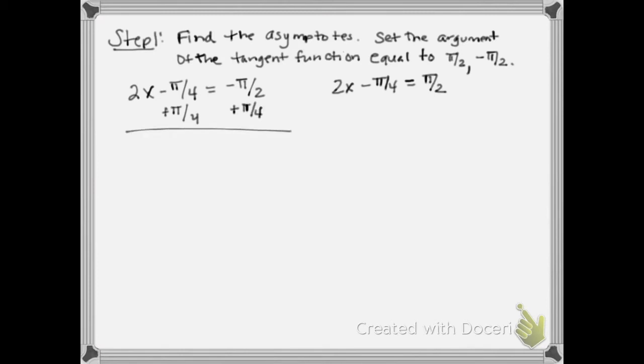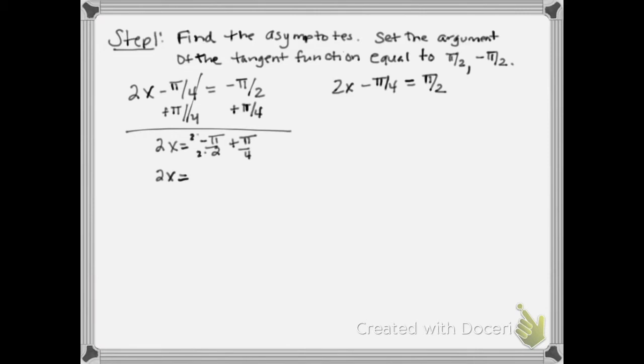So I have 2x is equal to negative pi over 2 plus pi over 4. I need to simplify that. I've got to get the common denominator. The common denominator is 4, so I need to multiply the first fraction top and bottom by 2.